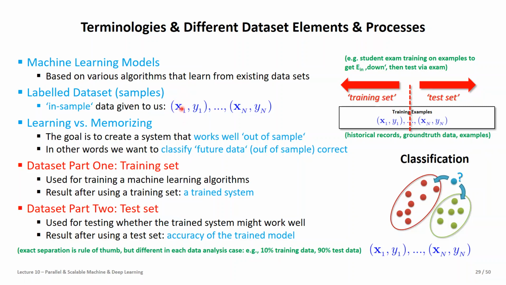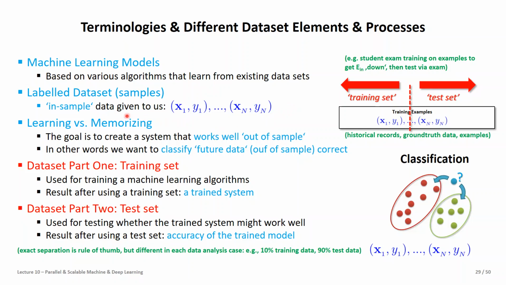It could be the point of land cover you have just seen from a remote sensor, but it could also be, as we have seen with the flower, the attributes of the petal and sepal. Important in supervised learning is then this given output Y, associated to each of the different points, telling you always whether it is a tram, or a building, or water in the case of the remote sensing problem.